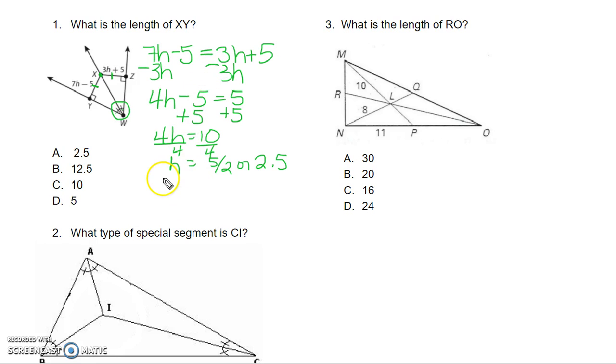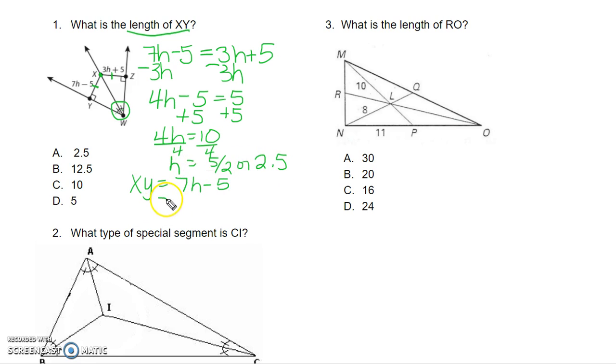Okay, now if you remember on the test, a lot of you stopped here because you didn't answer the question. What is the length of xy? xy is 7h minus 5. Well, I found h.